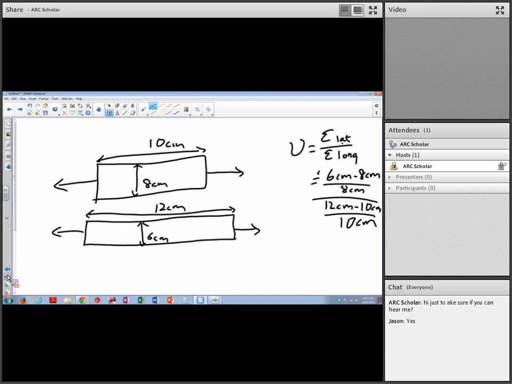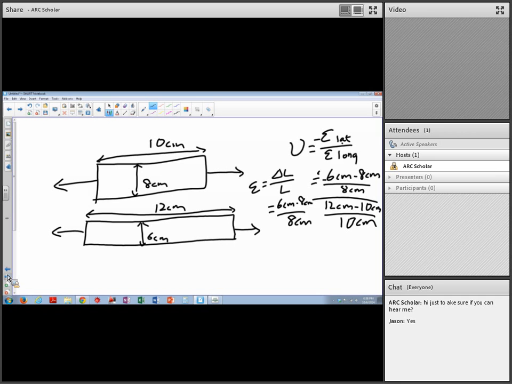So this one is equal to the change in here over the original dimension, which is 6. And we will get a negative number here because this is getting shorter. So in this equation, there is a negative sign here.